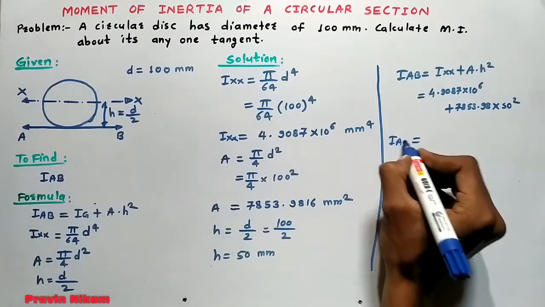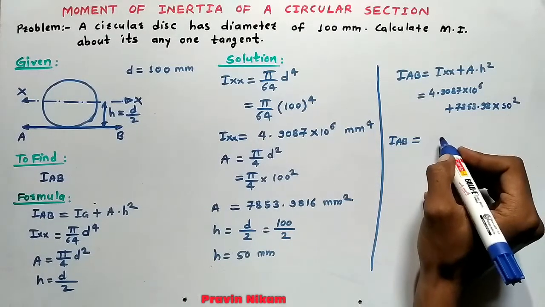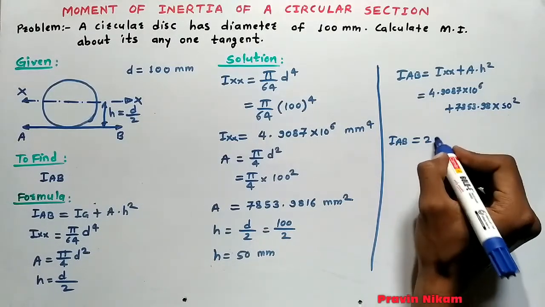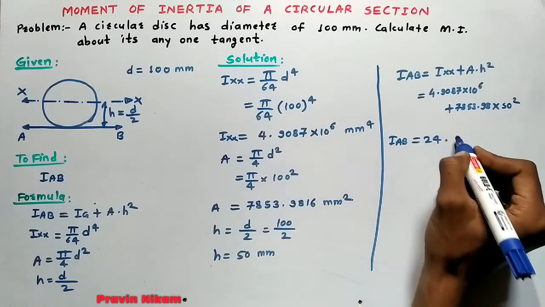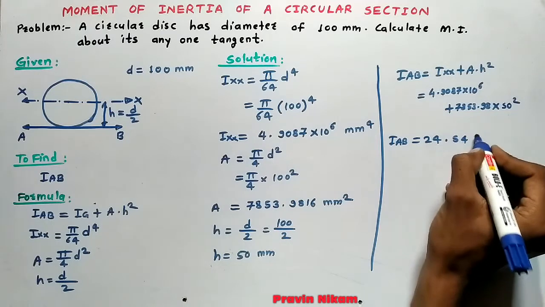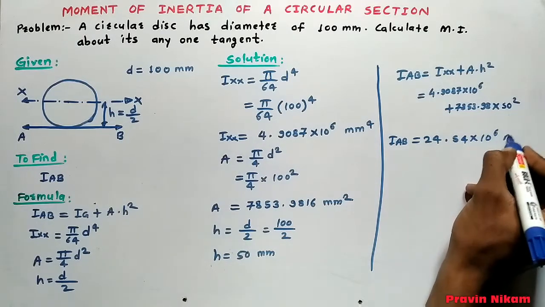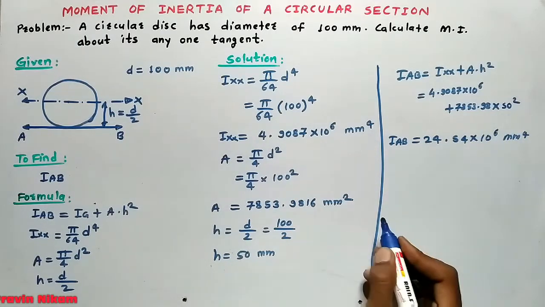So IAB, the value becomes 24.54 into 10 raised to 6 mm raised to 4.